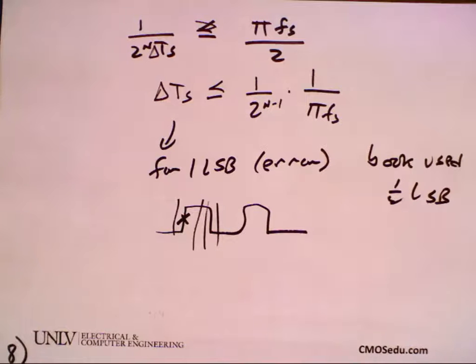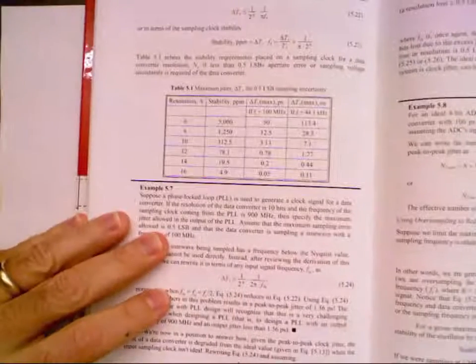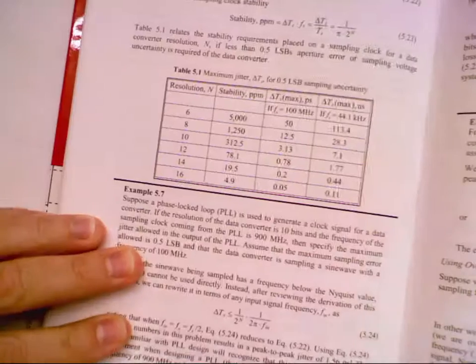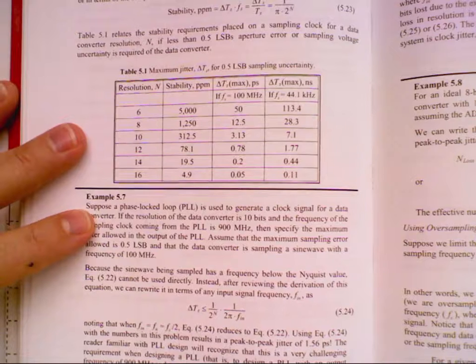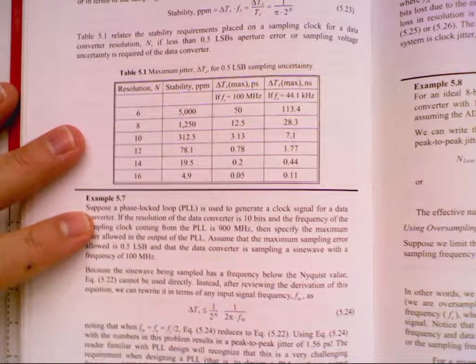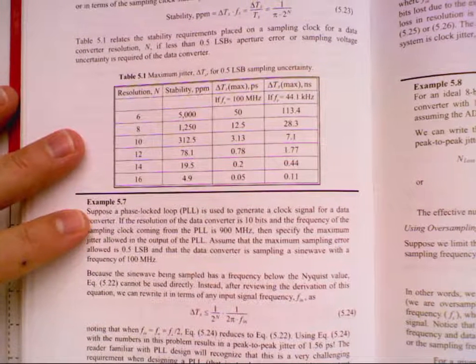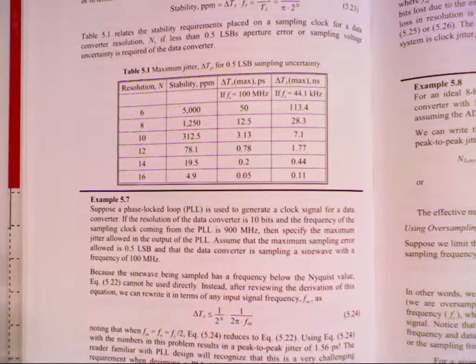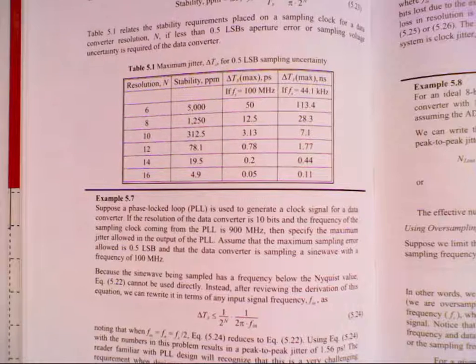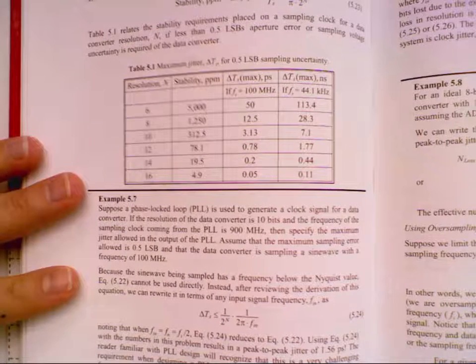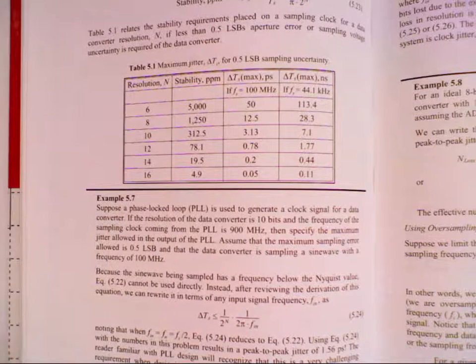Okay, but before we stop and take our grade booster, I want to point out real quick why this is such a big deal. This is a huge deal in data converter design because your jitter limits you, and that's one of the reasons why when we use oversampling, where you're sampling lots of pulses, which is what we're going to spend the remainder on, the delta sigma topologies average the clock pulses.